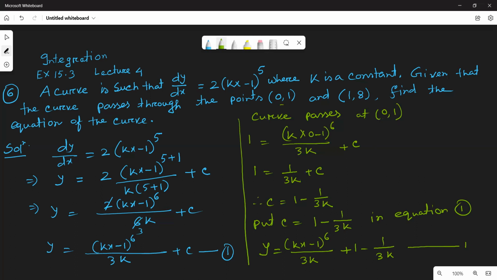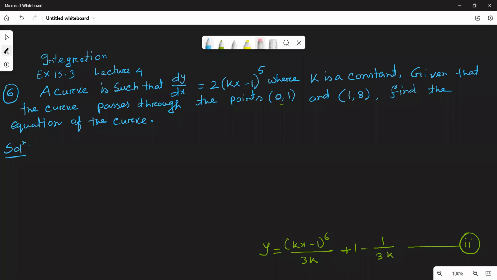Mention this equation as equation 2. Equation 2 passes through (1, 8). It also passes (0, 1) and also (1, 8).